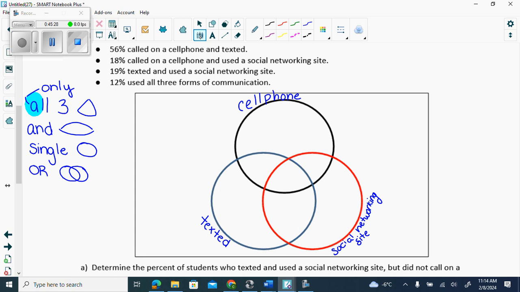So I have to start at the all threes, right? The ones who've done all three. So how many are there that did all three? 12%. So what is this whole box going to add up to when it's percent? 100%, right? So I know in the very middle I have 12%.